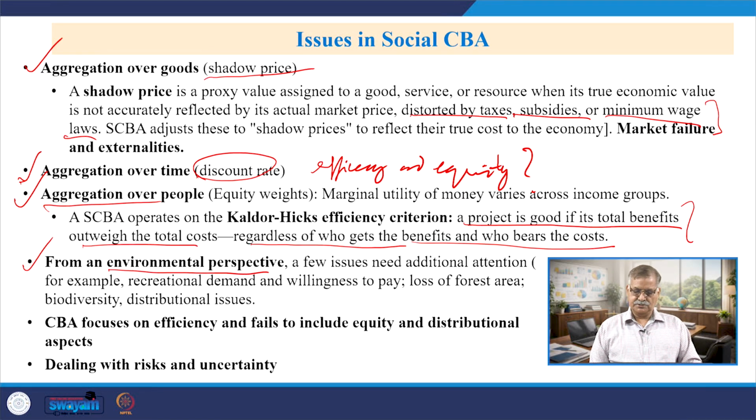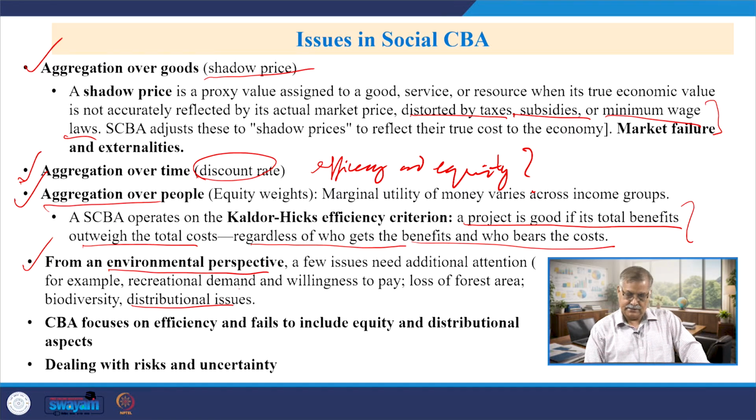A few issues need additional attention, for example recreation demand and willingness to pay, loss of forest area, biodiversity, distributional issues. So we also have to see the impact of the infrastructure project on environment, biodiversity, loss of forest area, and loss to the displaced people, etc. So, environmental issues are equally important while preparing the cost benefit analysis.